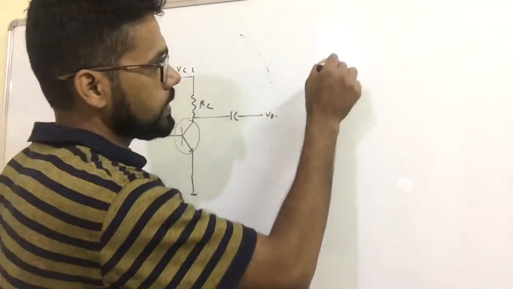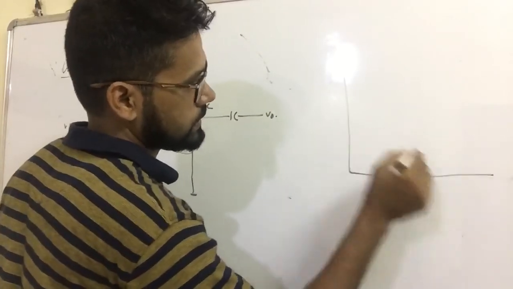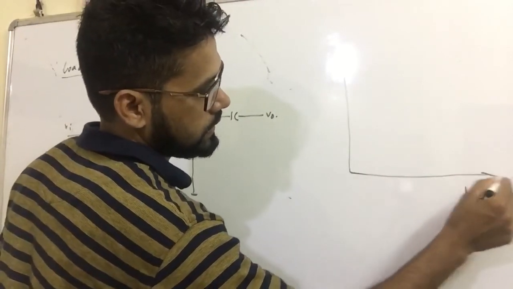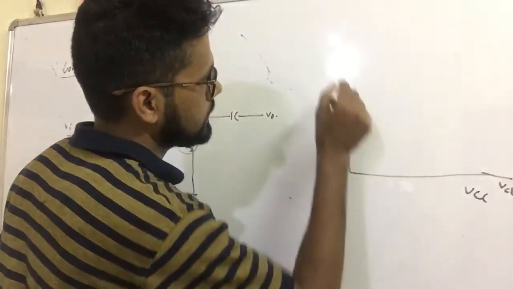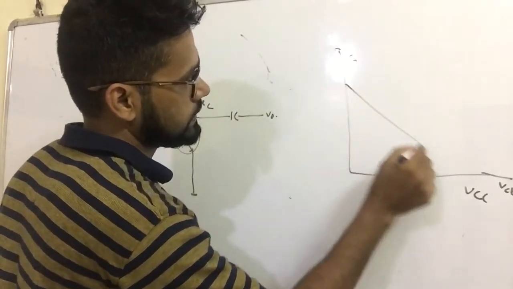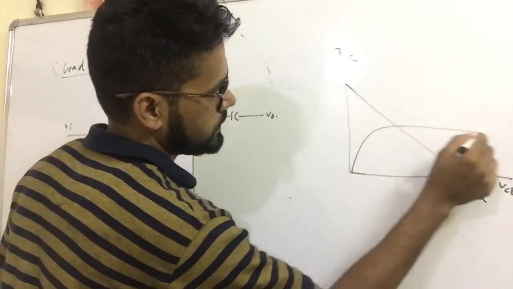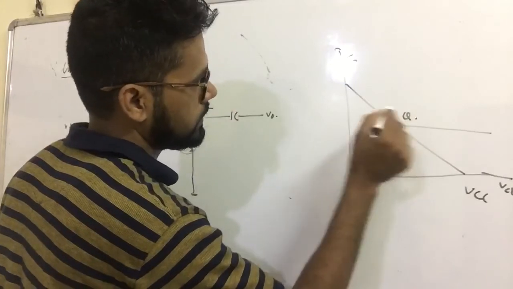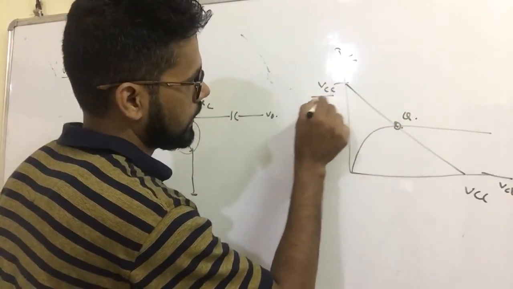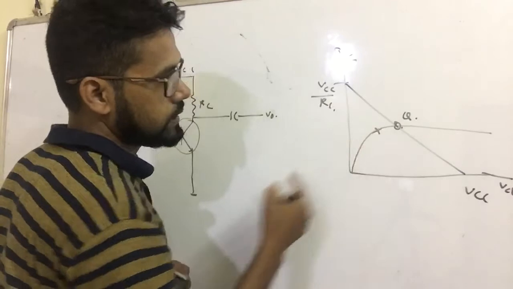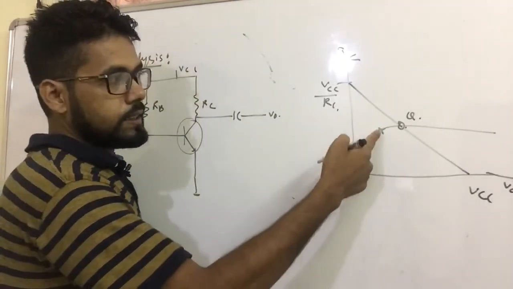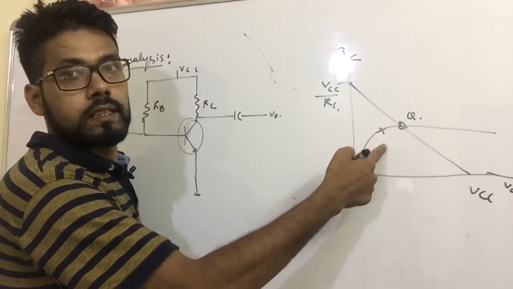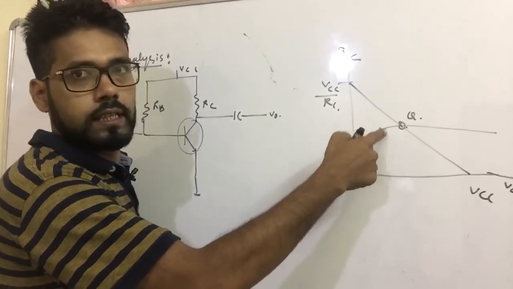Now I have analyzed the output characteristic. This is the VCE axis, this is the IC axis, and this is the load line. This is the Q point. This is VCC by RC. So I take this point, and this is the parameter setting. This is the proper value of current and voltage.